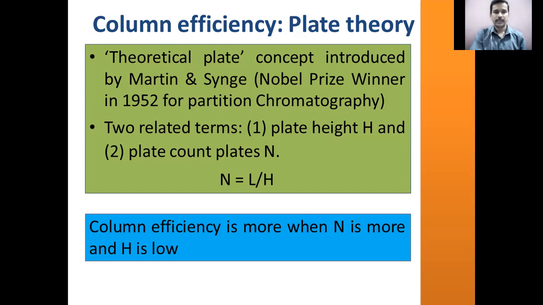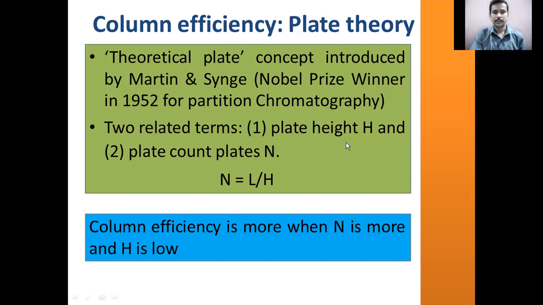They have denoted each and every individual discrete unit as a theoretical plate, and this theoretical plate is directly linked to the column efficiency. This work was done in the year 1952, and for this work, the Nobel Prize was given.